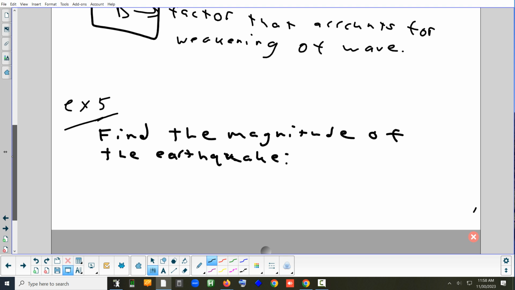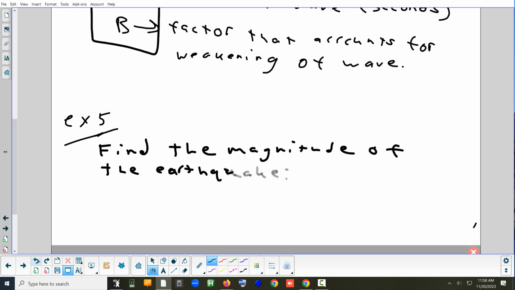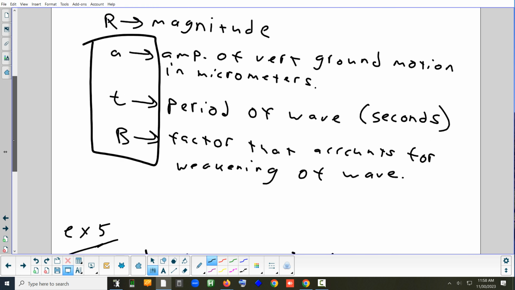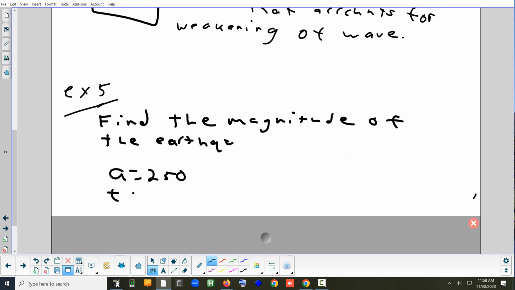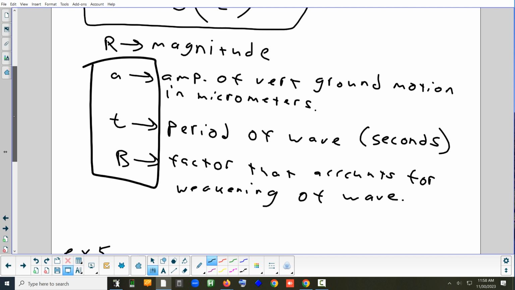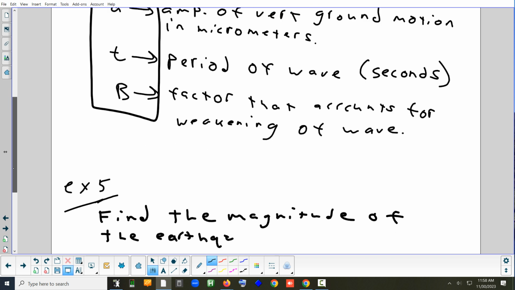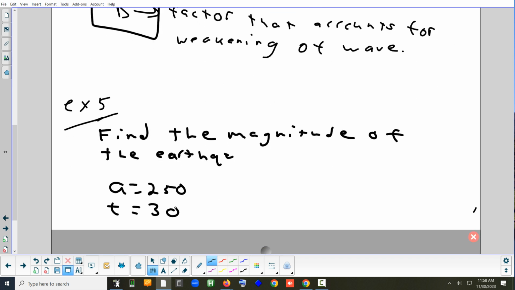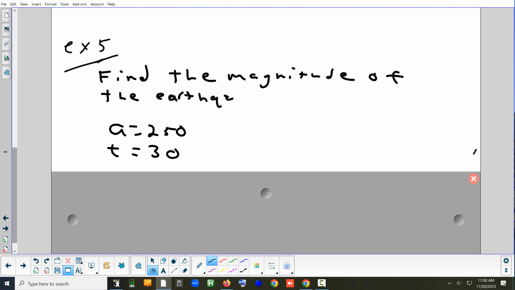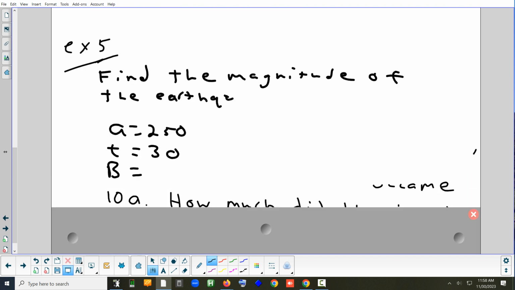Let's say that A is 250. That's how much the ground is moving in micrometers. That's not a lot. 250 micrometers is very small. The period of the wave, let's let that be 30 seconds. And the factor that accounts for the weakening of the wave, 4.5.